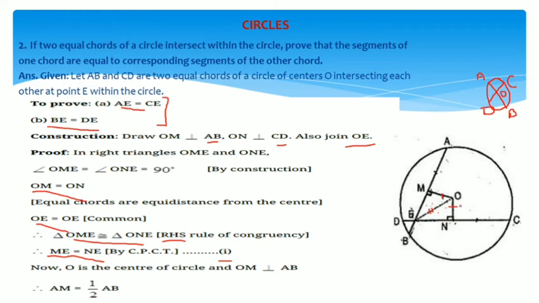Now see, OM is perpendicular to AB, so OM will bisect AB also, because a perpendicular from the center bisects the chord. So we can write AM equals half of AB, because OM is perpendicular to the chord AB, it will bisect it, and M will be the midpoint.